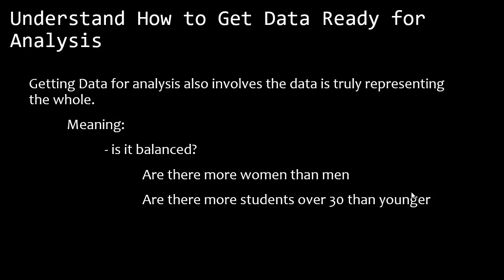For instance, if I'm pulling over a sampling of students from Cincinnati State, and I just get the first 100 records that show up based on a select statement, is that representing the whole? So these people would make sure that if our population is 50% women and 50% men, that's the population that would actually come over or be used for analysis.